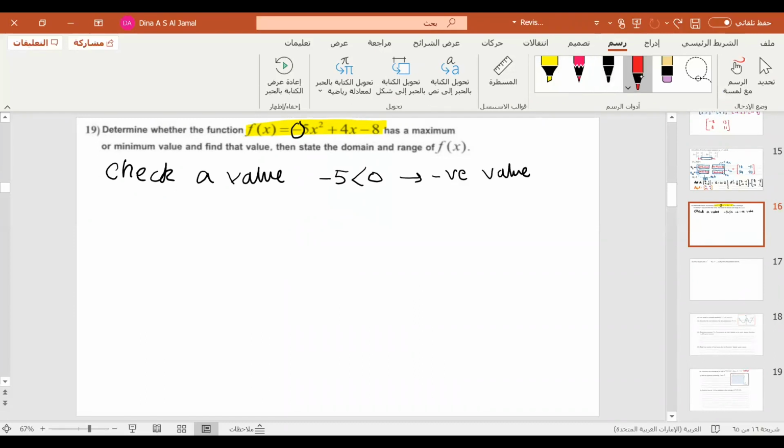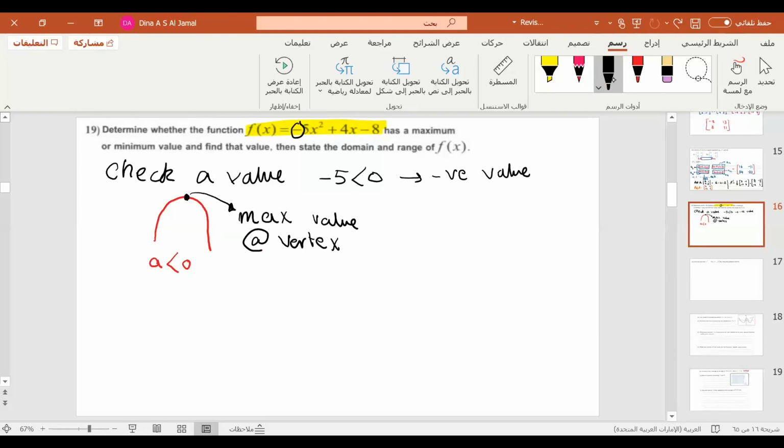So we know that whenever the A is negative, your curve or your quadratic function will be opening downward. So this is when A is less than 0. So when it opens down, that means you are having a maximum value at the vertex.